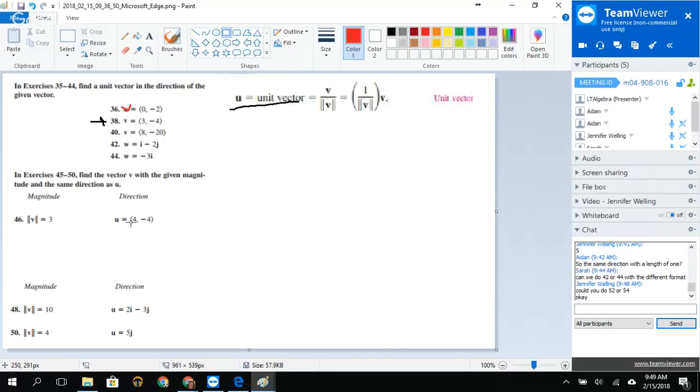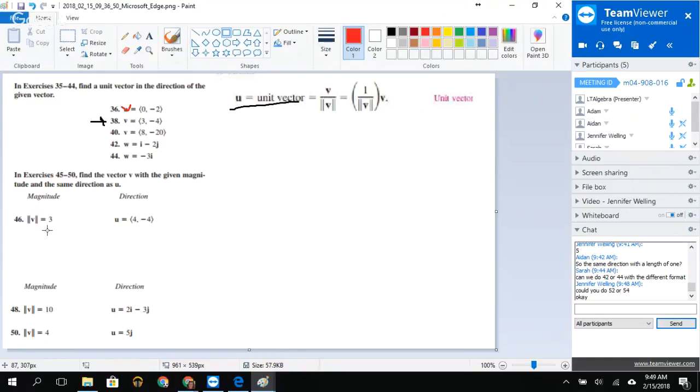So what we want is a vector that's length 1 in the same direction as u, and then we multiply by the magnitude of vector v because we know it's 3 times that unit vector. So it's kind of just adding on one little step to what we just did.